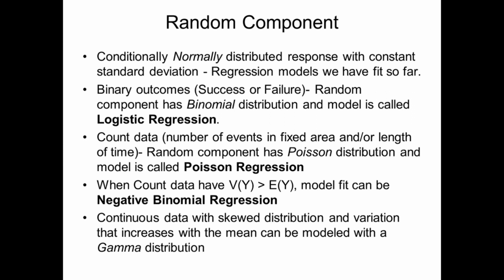So we also have binary outcomes. We have success and failure. So the random component has a binary distribution, and the model is called logistic regression. In logistic regression, we need to model the probability of success or failure of our events, of our phenomenon.